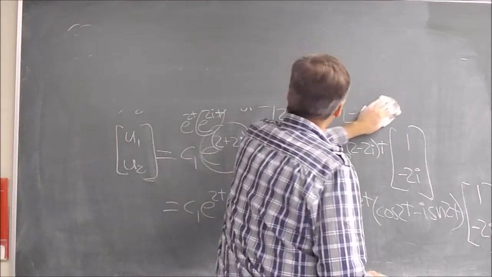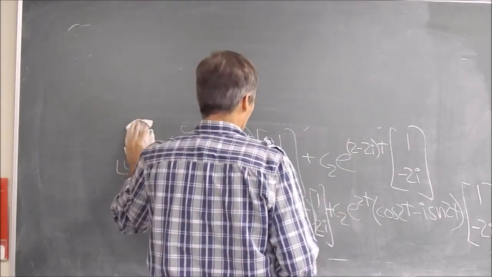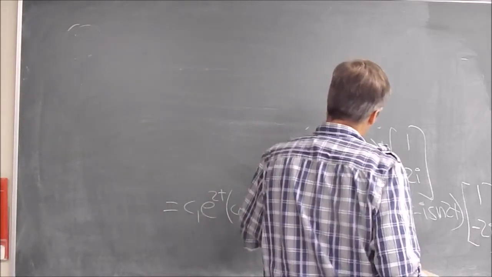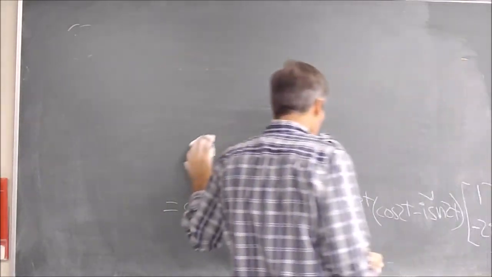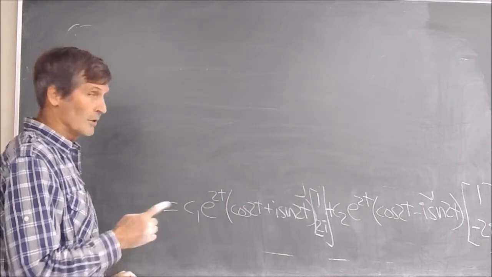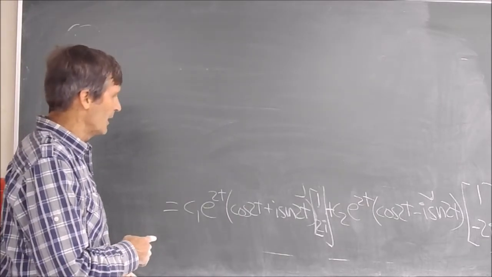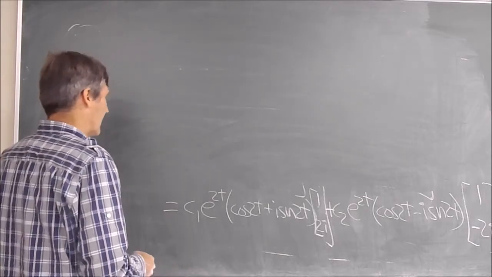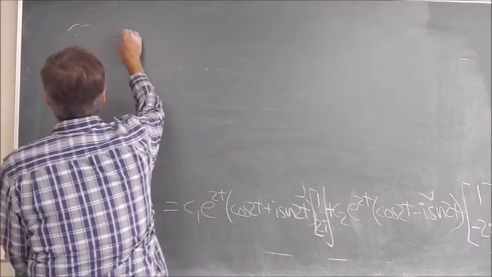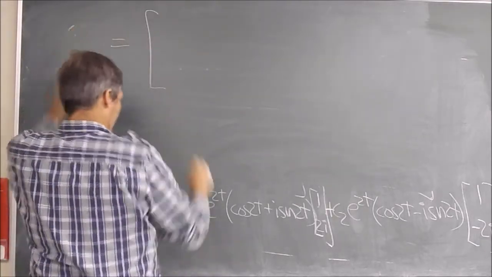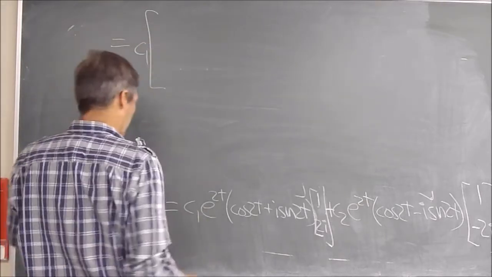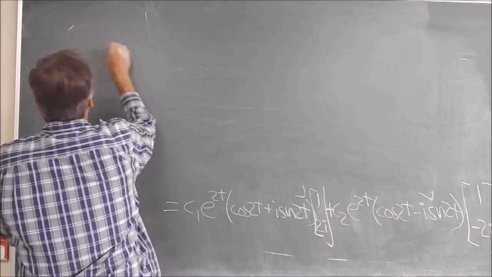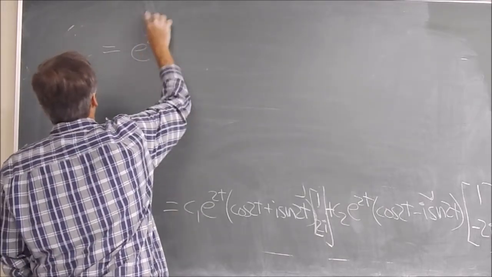The question now is, how do we glean from there the real solutions? Well, what we showed before is the real part and the imaginary part of the solution have to each be independent solutions. So we pull out the real part, or we just multiply it all out, and we see what we get. This first one with c1 multiplying it, let's pull out the e to the 2t from the whole thing. e to the 2t multiplies everything.